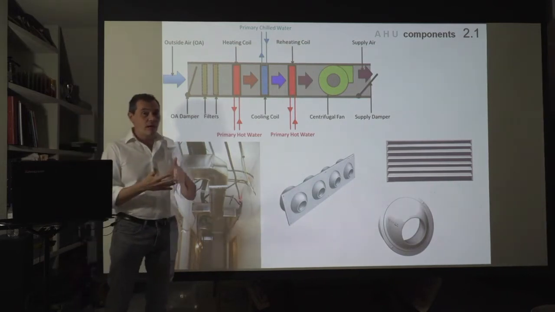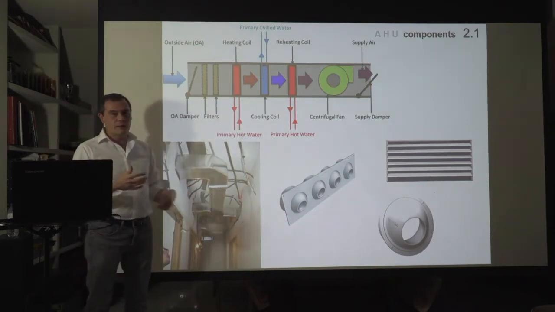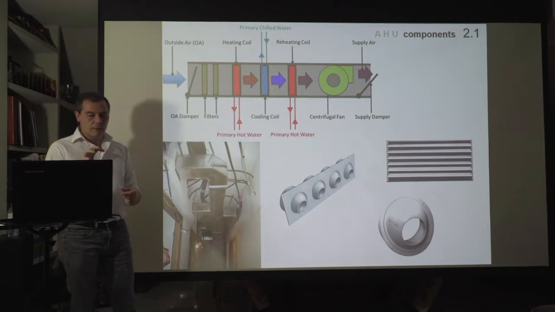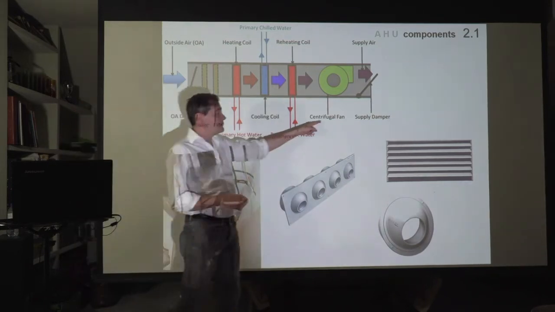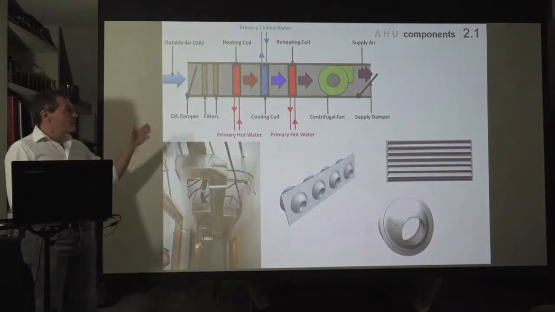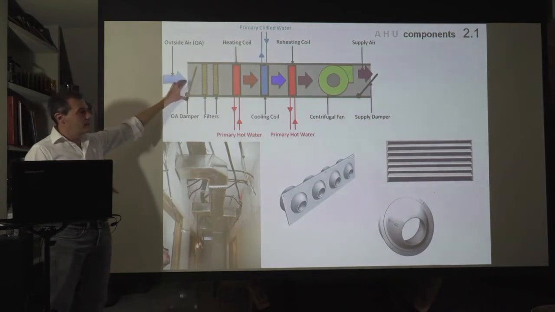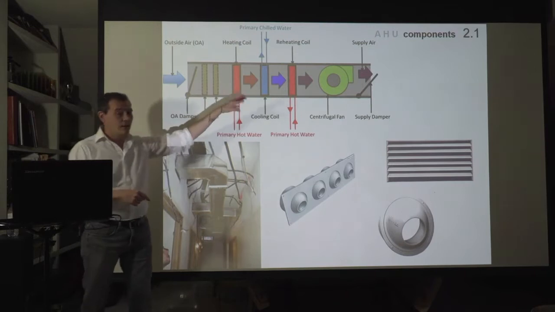We have coils in cars. So we will talk about coils, and you will hear that name many times. And then we have a fan, because we have to move the air. So basically we have an intake, an outtake, and then we have coils, filters, and fans.